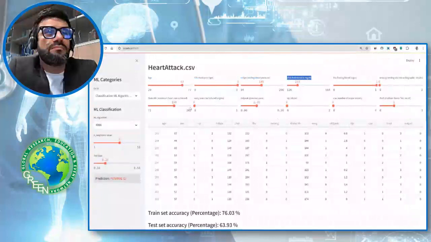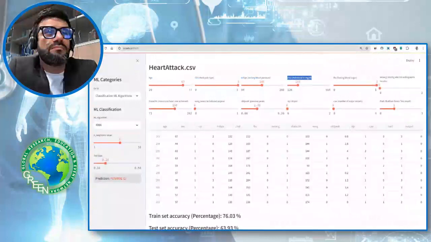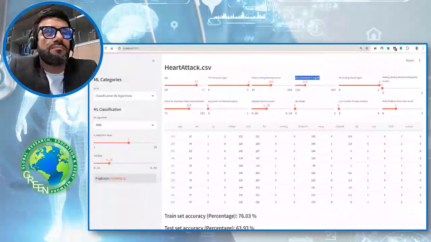So let me explain very briefly about this interface I have developed. As you can see, on the left side you have some combo boxes you can choose from. The classification machine learning algorithm, you can choose your algorithm.